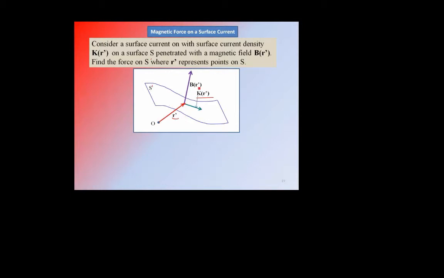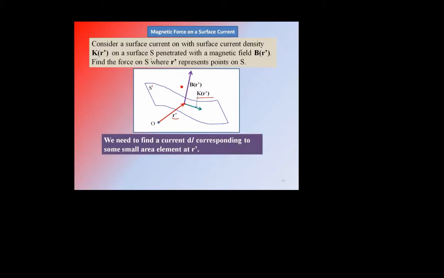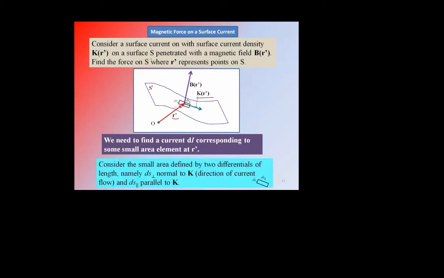And of course we have a B field, which is given by this arrow here. So we need to find a current dI corresponding to a small element at this position. We use the same idea, and we have this ds perpendicular and this ds parallel. The ds parallel is going in the direction of K, and so that defines an area. If we take the product, we get a dA prime.